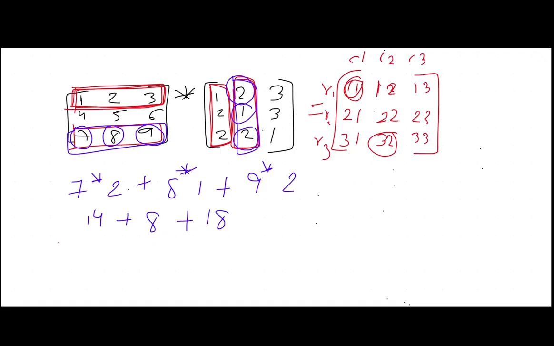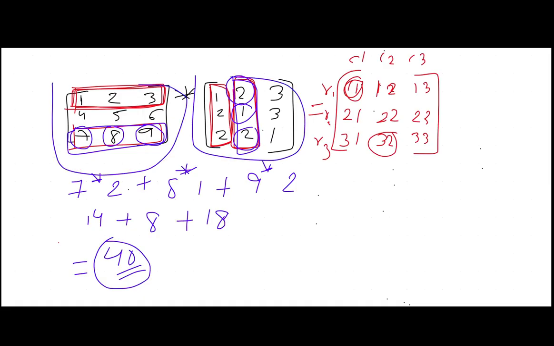Now what is 14 plus 8 plus 18? 14 plus 8 gives us 22, and 22 plus 18 will give us 40. So altogether we have the value 40. The third row, second column value would be nothing but 40. This is how each and every element in the matrix is calculated.